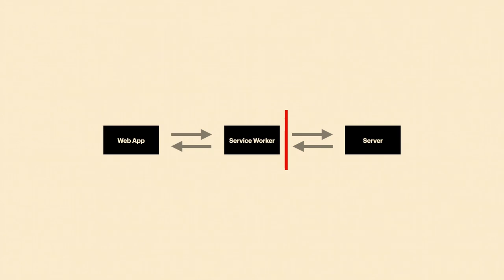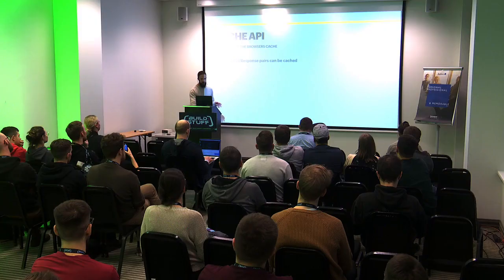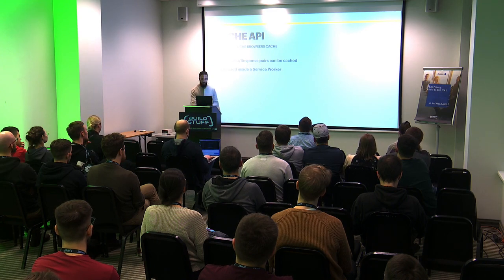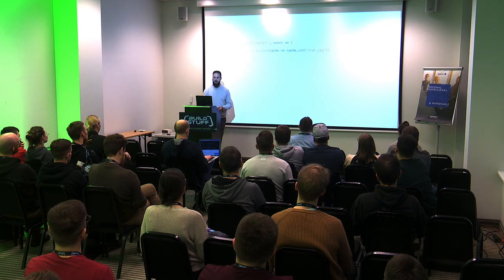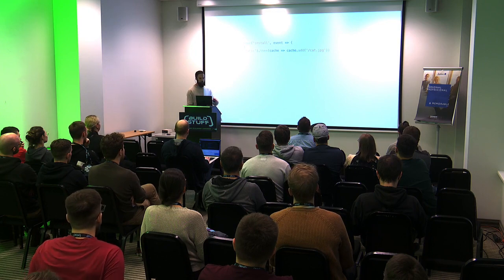And we can respond to requests by using the Cache API. The Cache API allows us to interact with the browser's built-in cache. So you can only cache request and response pairs. And yeah, it can be used inside a service worker. This is how we would use this. So this is in our service worker.